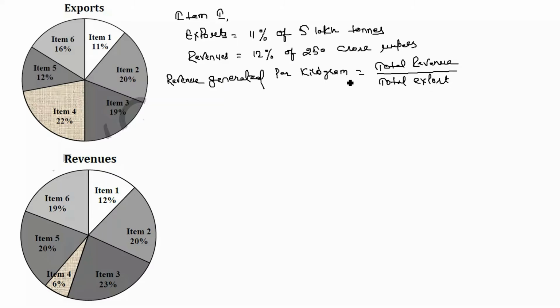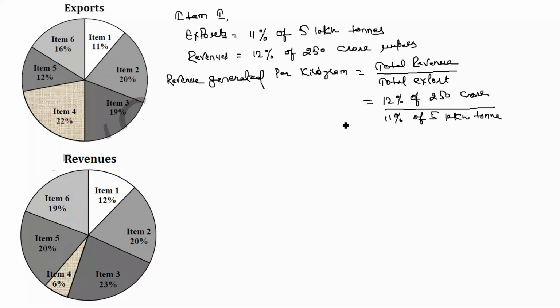Then we can find the revenue per kilogram. So here the total revenue is 12% of 250 crore rupees and total export is 11% of 5 lakh ton. Now do not solve this further.